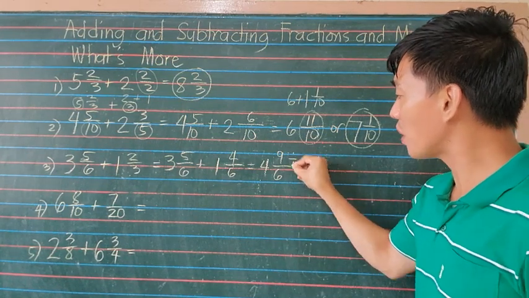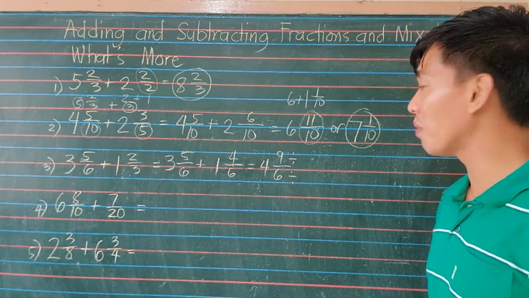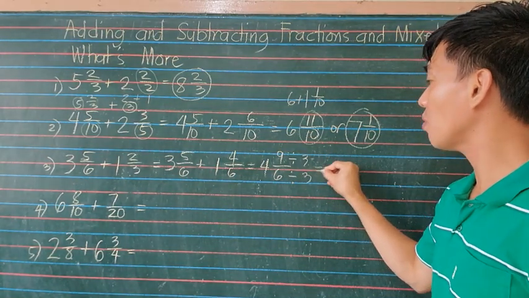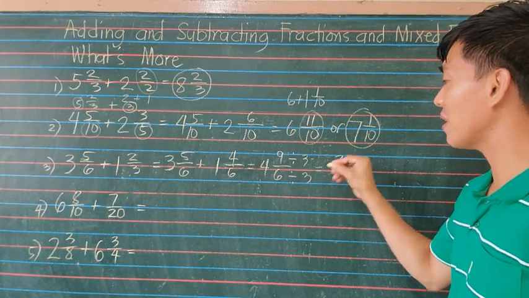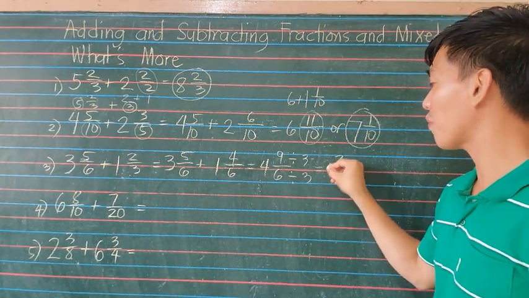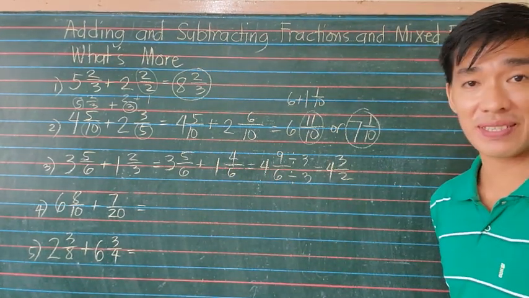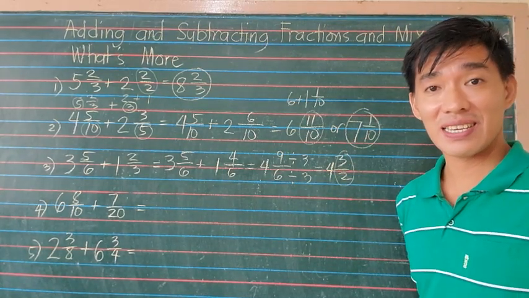Now, both the numerator and denominator are divisible by 3. So, that will give you 9 divided by 3 is 3, and 6 divided by 3 is 2. Copy 4. So 4 and 3 halves. Look at our fraction once again. That is improper.